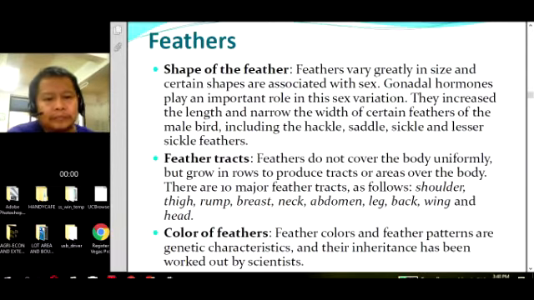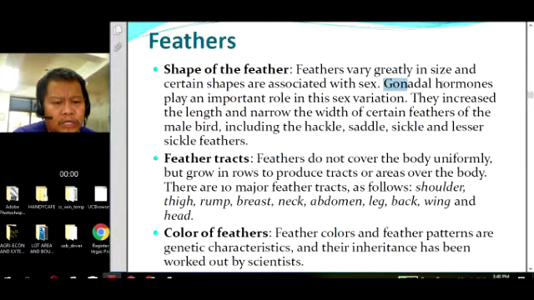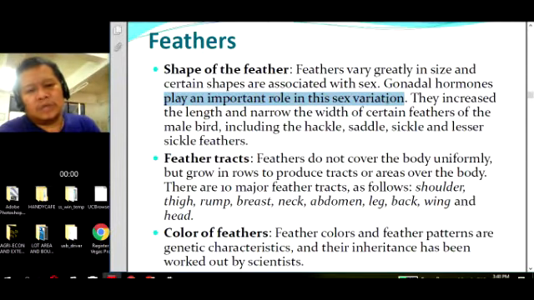So feathers vary greatly in size and certain shapes associated with sex, and the gonadal hormones, or the sex hormones, play an important role in the sex variation. So those variations in size and shape of feathers of the chickens are because of the gonadal hormones between the males and females.